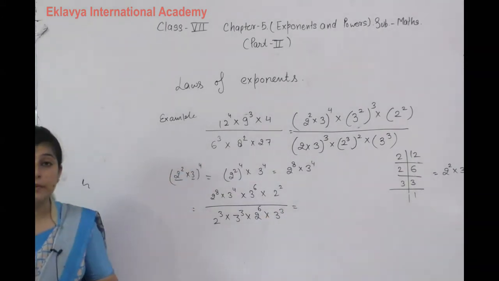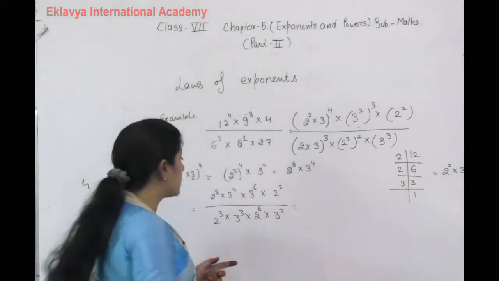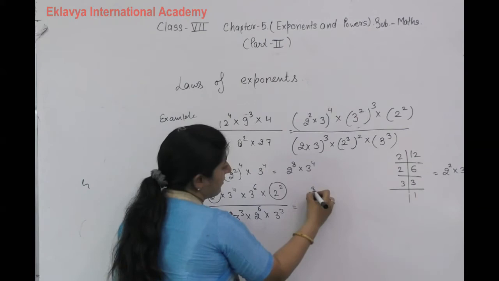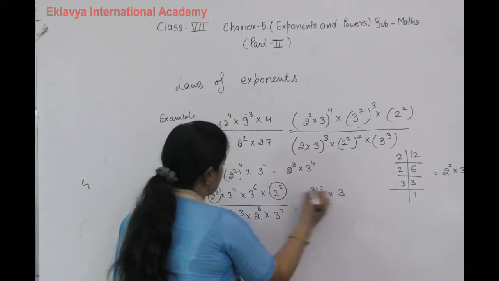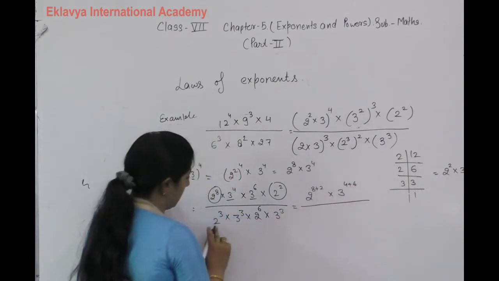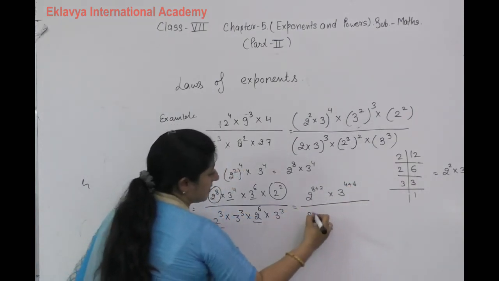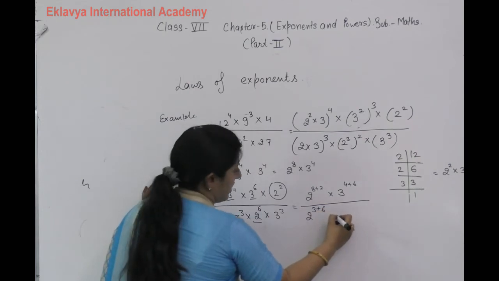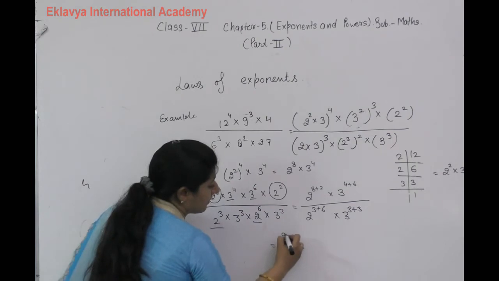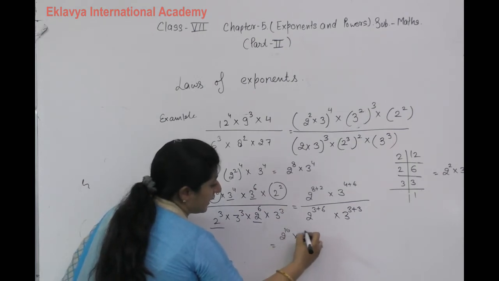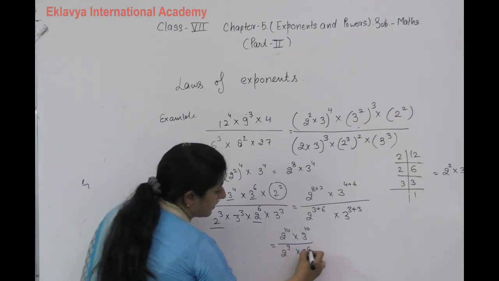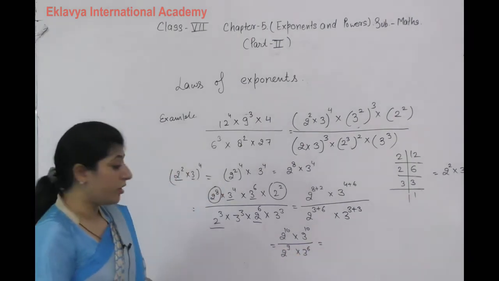Now see, there are only bases 2 and 3. So upside, same base powers will be added. Here also same base, and here also 3 plus 3. It becomes 2^10 multiply 3^10 divided by 2^9 multiply 3^6. Now solve.